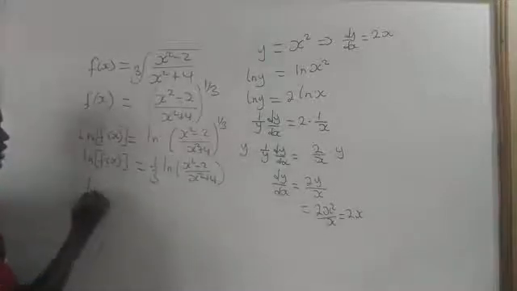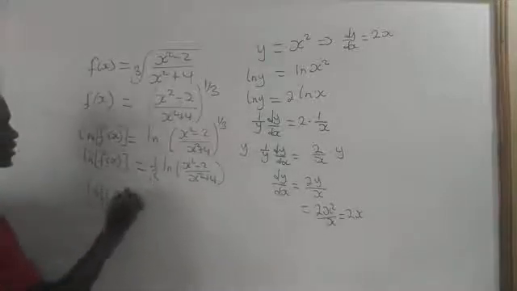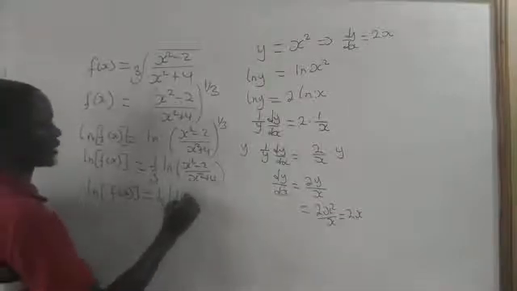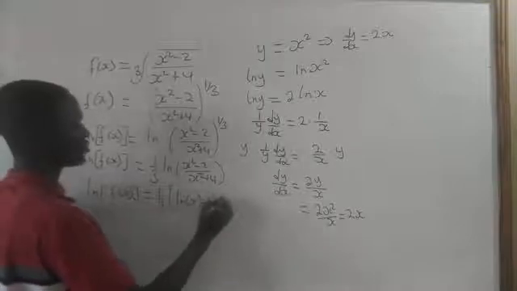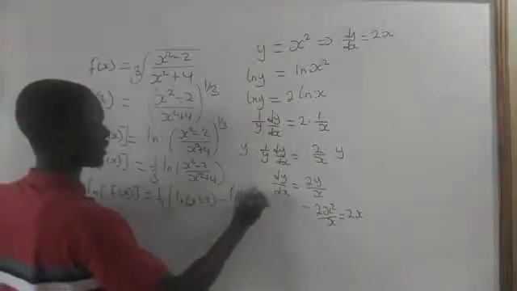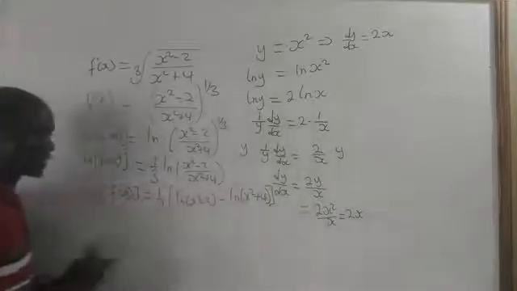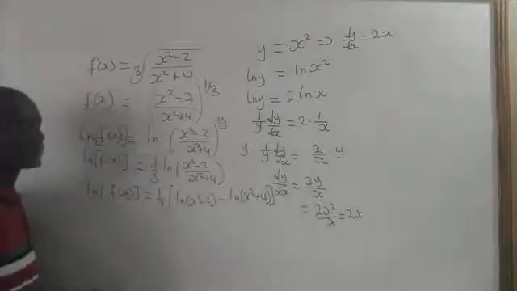Then we have natural log of f of x equal to 1/3 of natural log of x squared minus 2 minus natural log of x squared plus 4. You see that this one has become very simple.